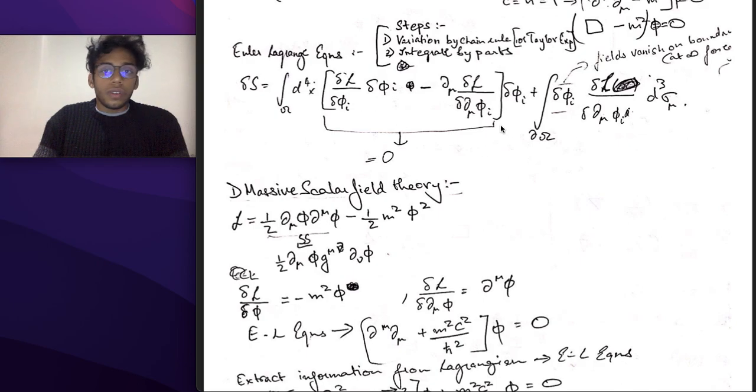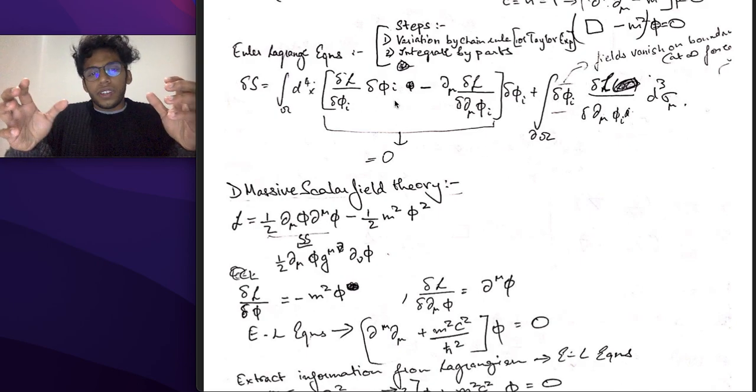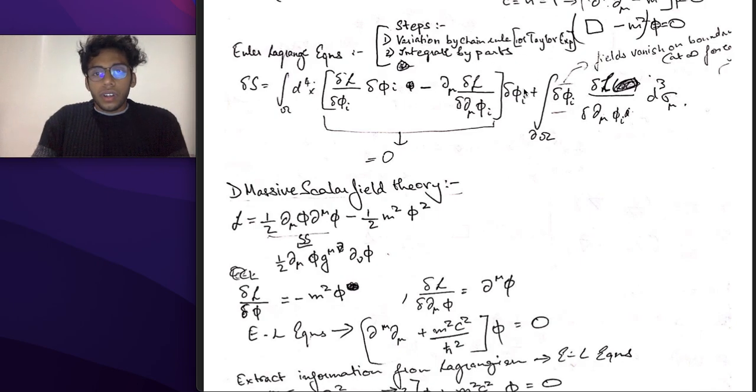One thing that you need to note is that you take the variation and then you get an integral over omega, which is the whole volume, and an integral over the boundary of omega, which is the surface. This delta phi is the variation of the field, and you measure the variation of the field on the surface.